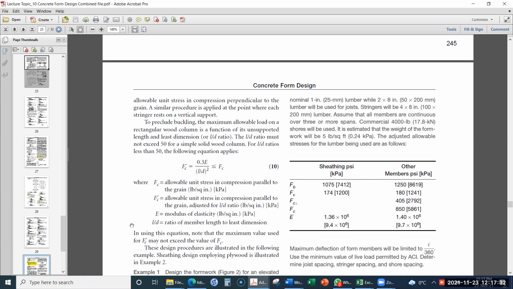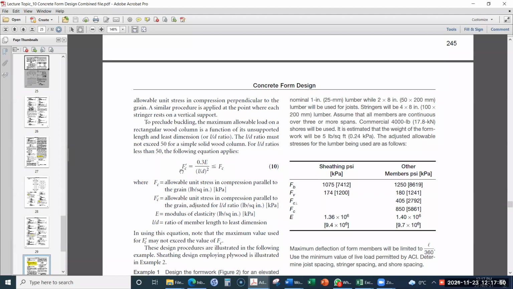So based on this L over D ratio, the stresses in the column are adjusted so that those stresses are not greater than certain limits, which in this case is Fc.